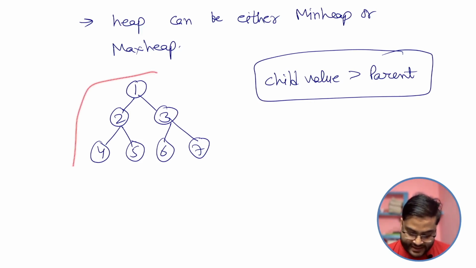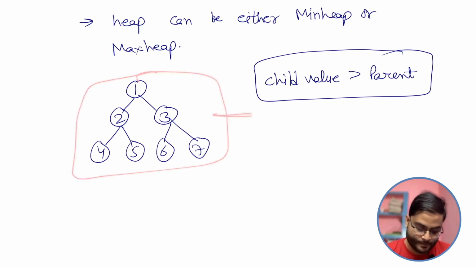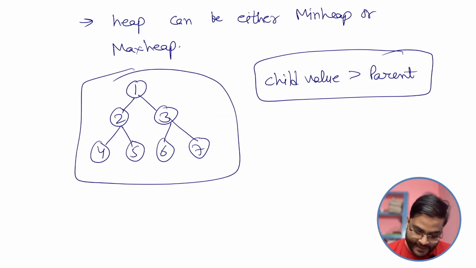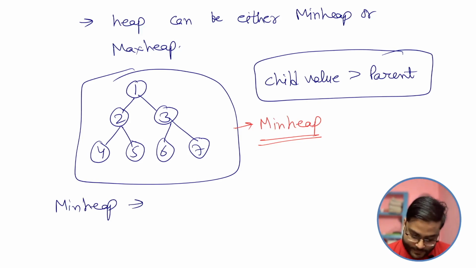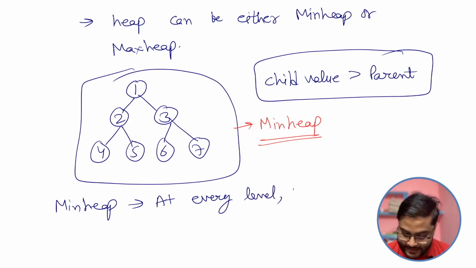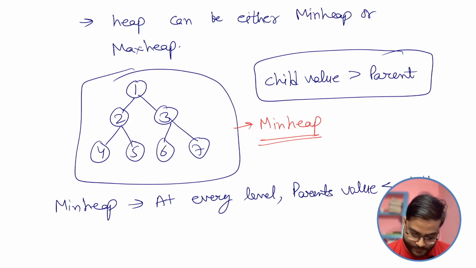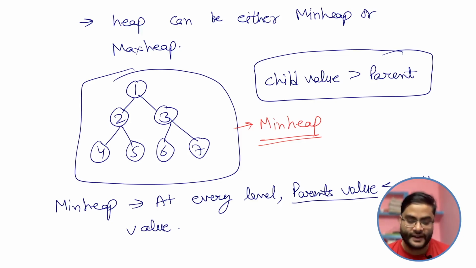So this is nothing but our MinHeap. Let's write it. This is our MinHeap. Okay, so what is MinHeap? MinHeap says that at every level, the parent's value will be less than the child's value.